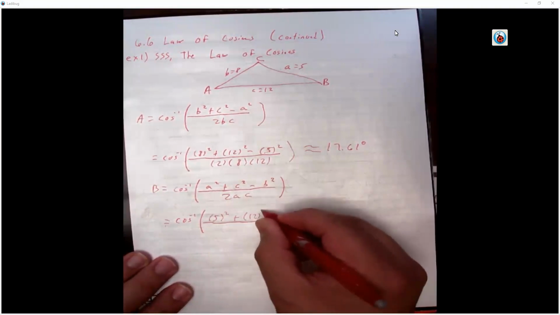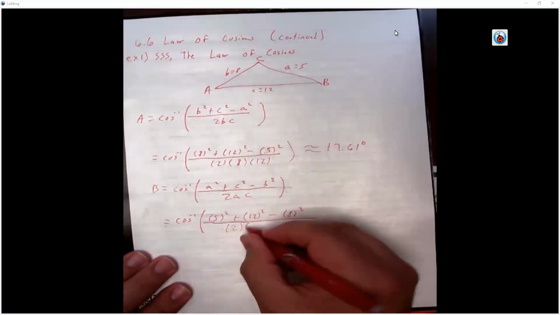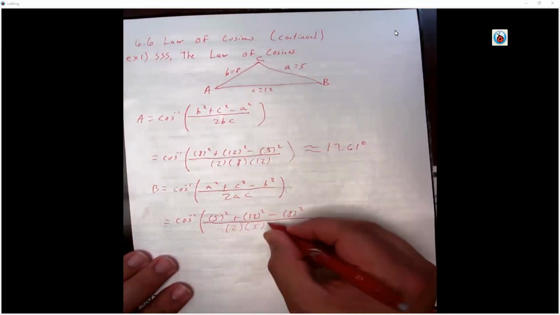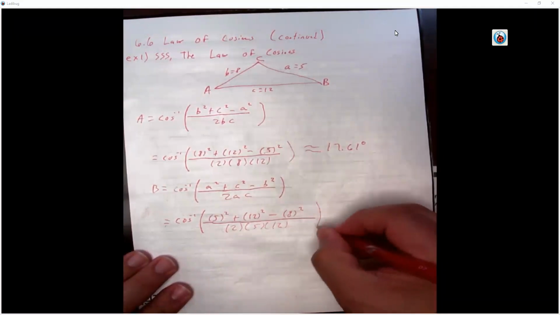Plug it all in. That will be 5 squared plus 12 squared minus 8 squared over 2 times A times C.